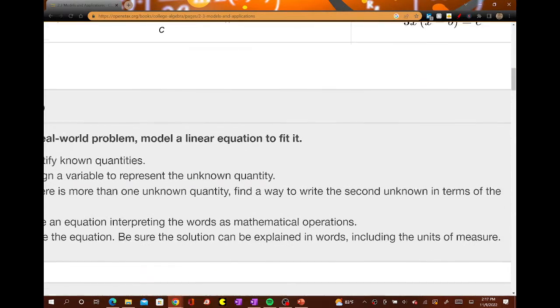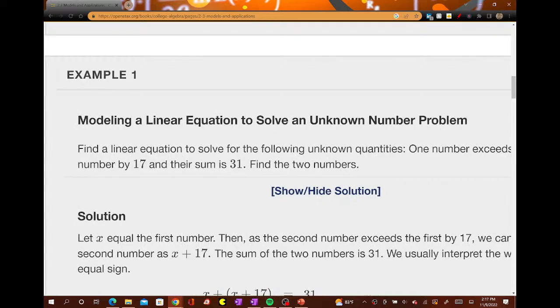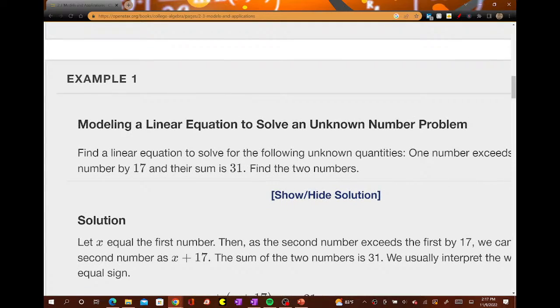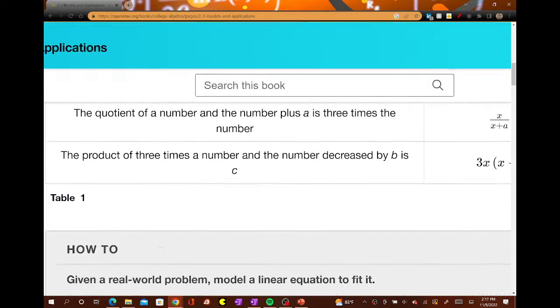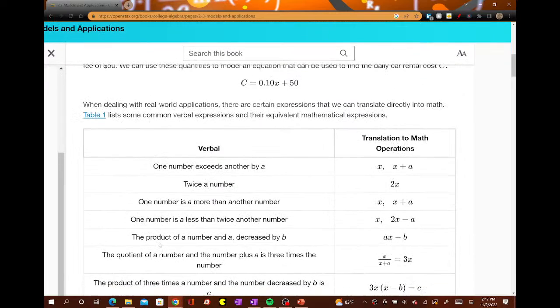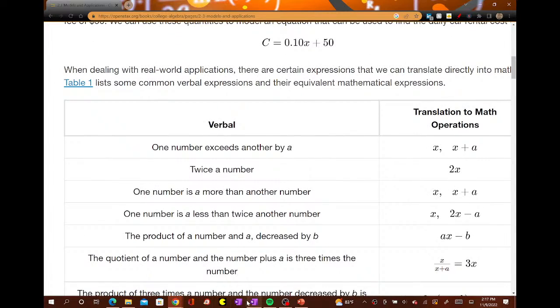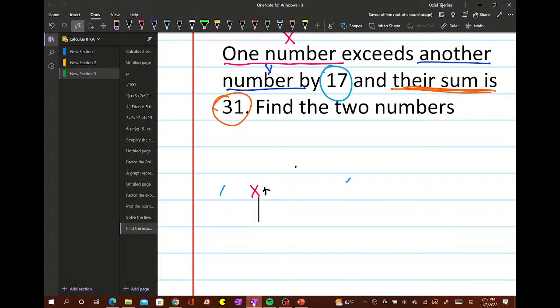Can I say x equals, so x exceeds another number by a... A number x exceeds another number by 17.